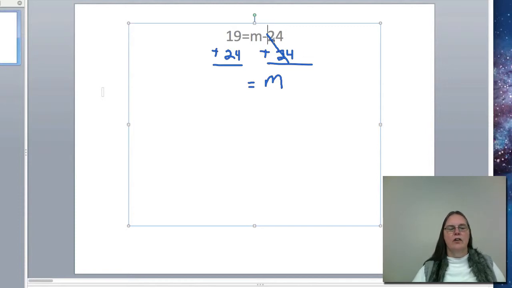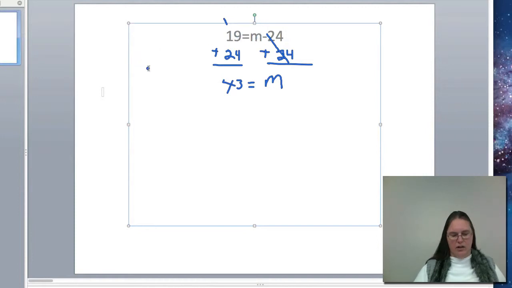If I have $24 debt and I pay my debt with $24, I don't owe anything anymore, so this becomes a 0 and m drops down. Now I have to sum these together, so 9 and 4 is 13, carry the 1, so I end up with 43. And you can check these on your calculator. If you put 43 in here minus 24, you should get 19 equaling 19, which makes a true statement.